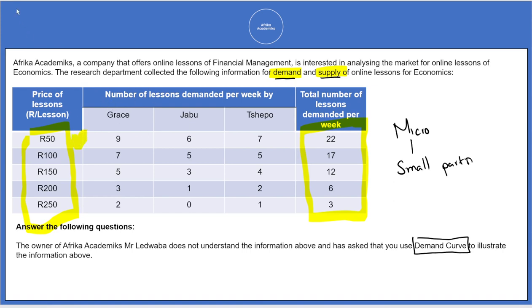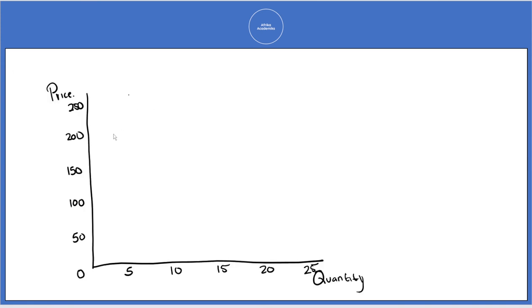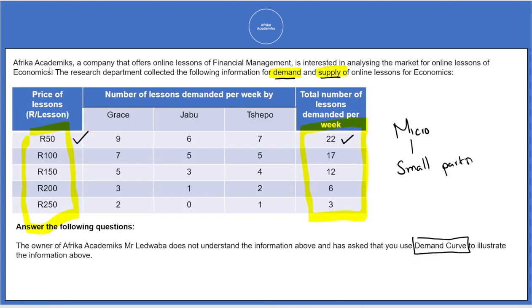So if lessons are going to cost 50 rands, then only 22 lessons will be demanded. So you'll go from 50, draw a horizontal dotted line, and then come to 22.